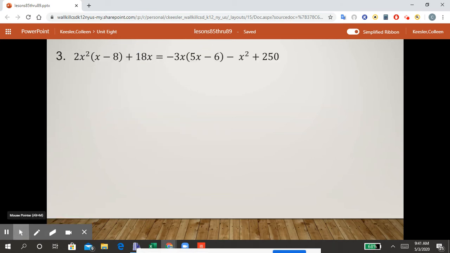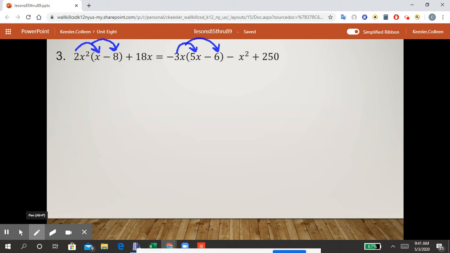Number 3. Whoa, that looks a little scary, but we can do it. It's just very important to be neat and make sure that you're bringing down all of the terms as you're working. So we start by distributing 2x squared and distributing negative 3x on both sides.